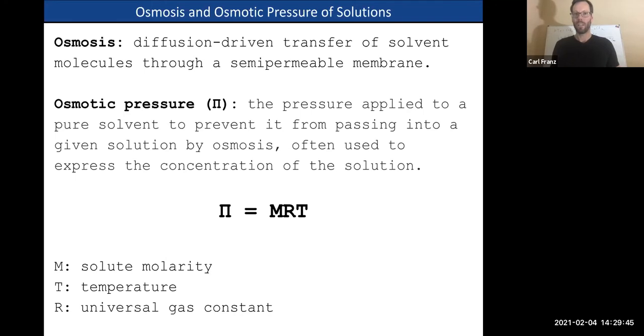We talk about it in terms of concentration of a solution, right? So we can set osmotic pressure equal to the molarity of the solute times the universal gas constant times temperature. So molarity, M, temperature, T, and R, the universal gas constant.